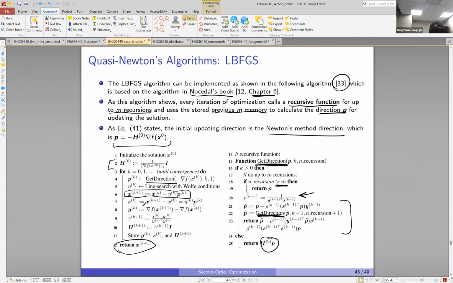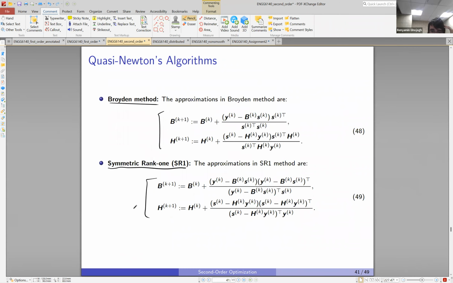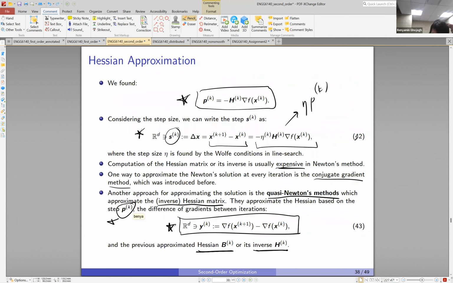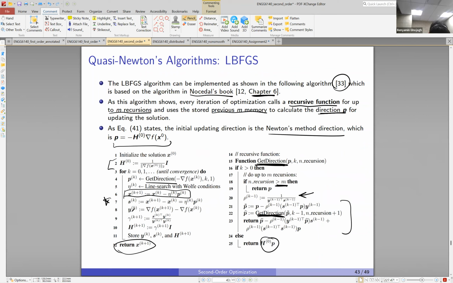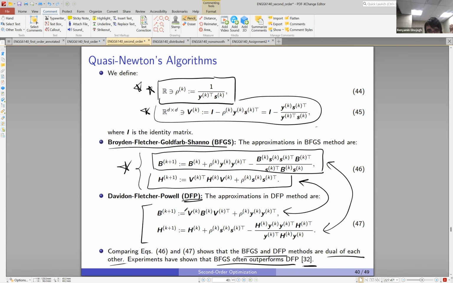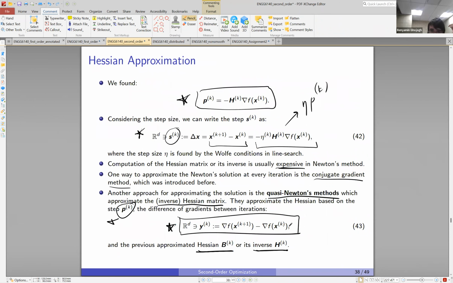You have the update. Here, what is this? Sorry, what is this s? s, we defined it here, equation 42. It's exactly repeated in this algorithm. We have y, the difference of gradients. We defined it here, equation 43.